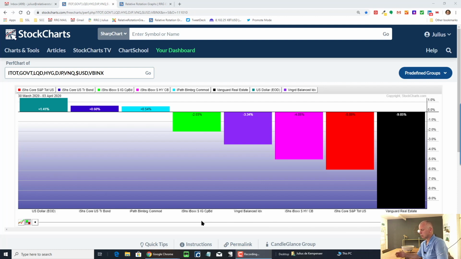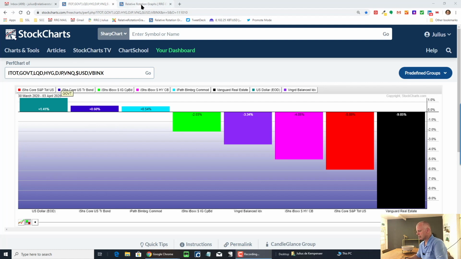No double-digit moves, although real estate came pretty close with a minus 9.85, followed by US stocks, almost 6%, and then we have high yield, which came down almost 5, real estate a little bit over 3, corporate bonds minus 2, and then we've got the pluses for commodities. Maybe that's going the right way. The RRG we'll see later doesn't show much good. And this is treasuries, no surprise, and the US dollar strengthened again last week.